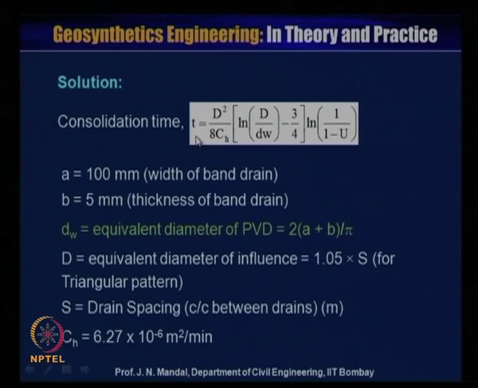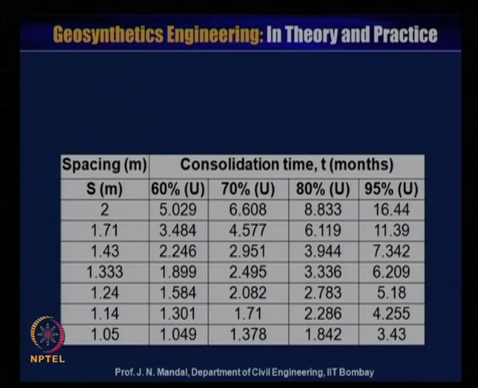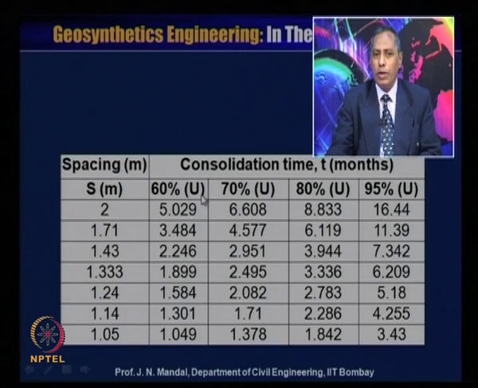What will be the time required? Our target is what time is required to reach the 60% degree of consolidation. So here the table shows the time in months to reach 60% degree of consolidation U with this spacing.